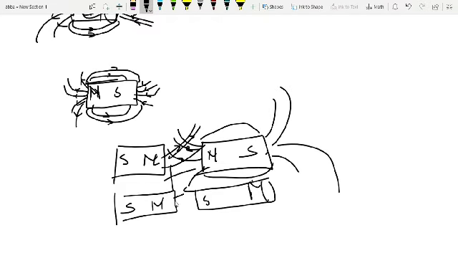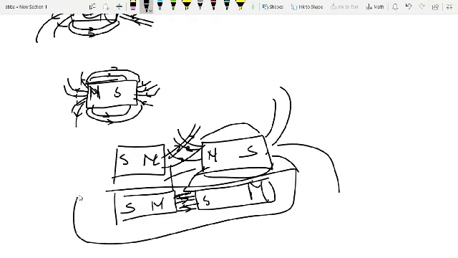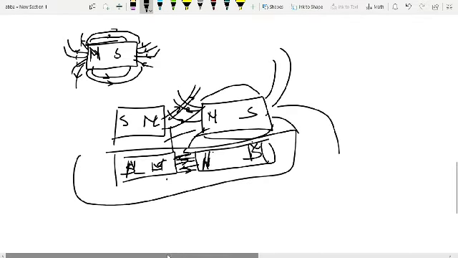This is going out, this is going out, and this is going this side. There is what we call active motion between them, because they are willing to attract each other. These magnets will most likely attract, even if you had this side to be south and this side to be north, and this side to be north, this side to be south, they'll still attract because the arrows intertwine, right?